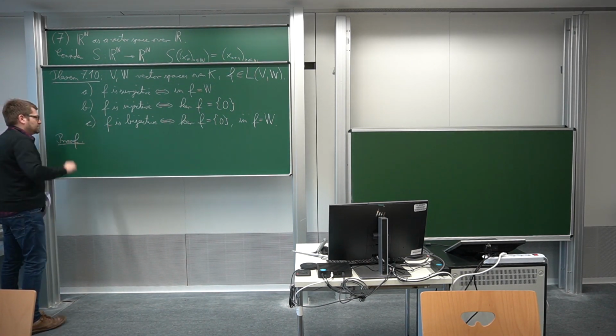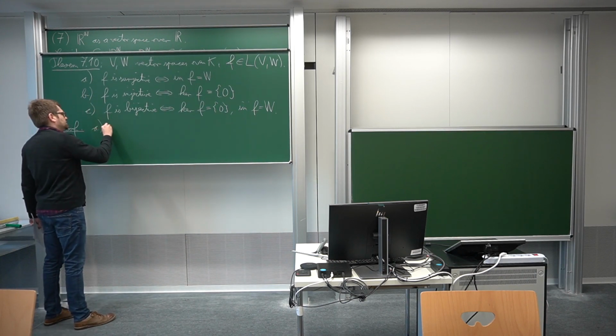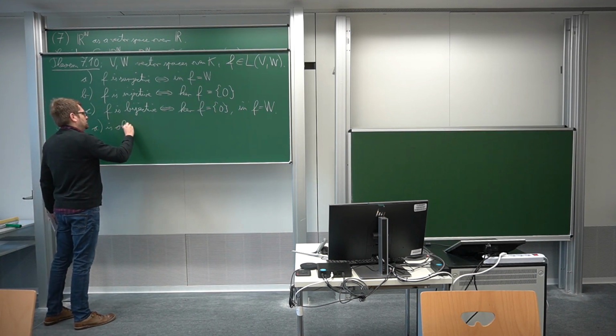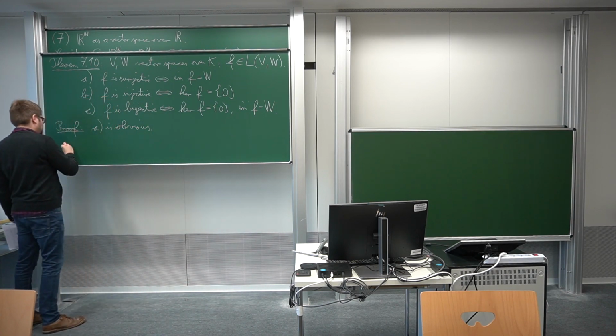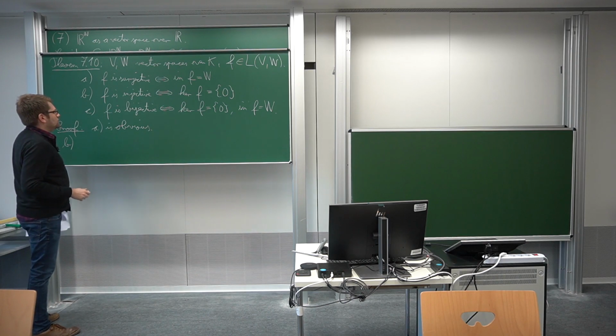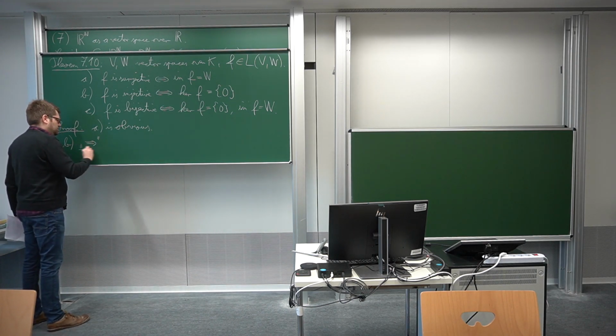Okay, so let's prove this. Part A, there's nothing to prove. This is really straight from the definition. So A is obvious. The interesting part is now B. Here one direction is very simple, namely this one.